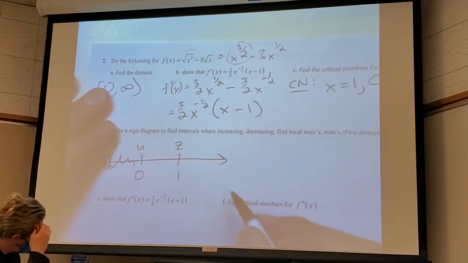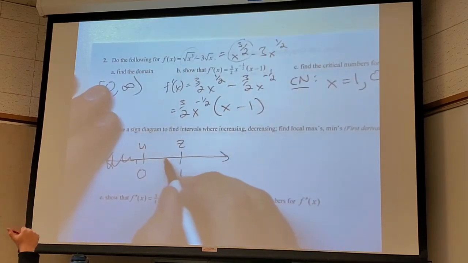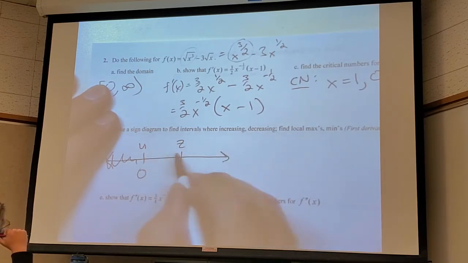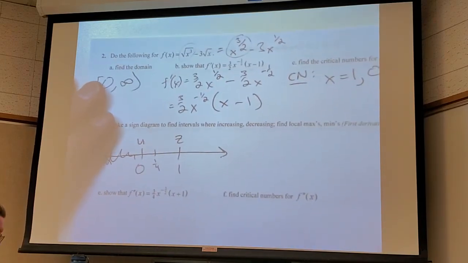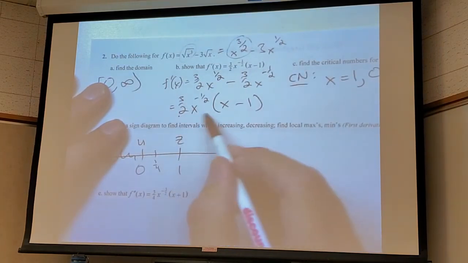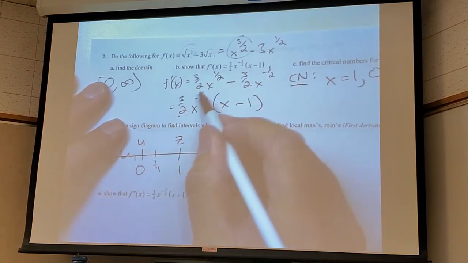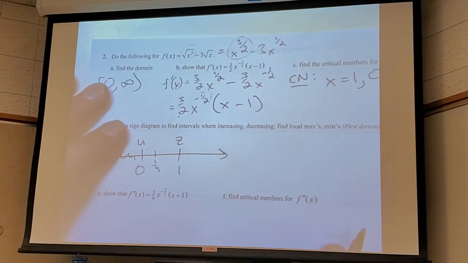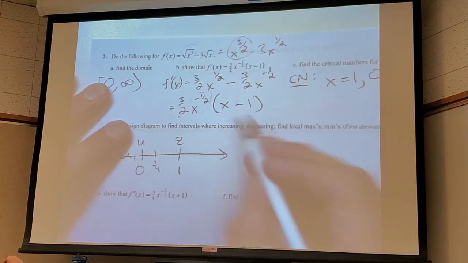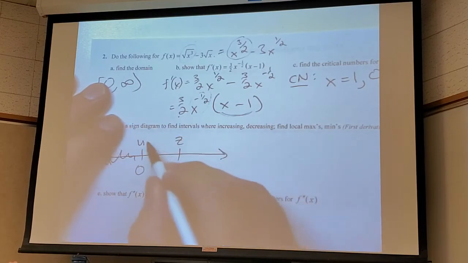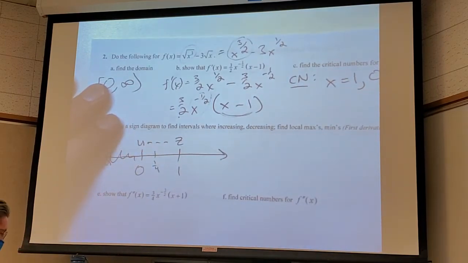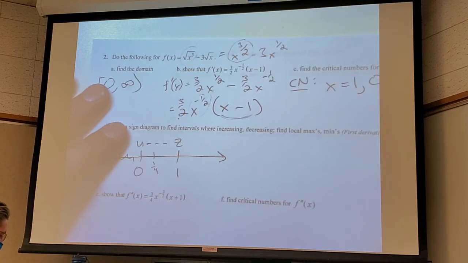So let's see. What if I plug in there? Who wants to pick a number in here? I'm going to pick 1/4. So this would be positive. Well, it doesn't really matter. The square root of something has to be, by definition, positive. Yes? And this piece, of course, is going to be negative. So negative, negative, negative. I picked 1/4 because you can take the square root of it easily, but I don't care.